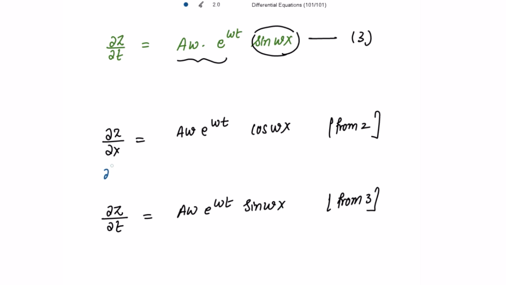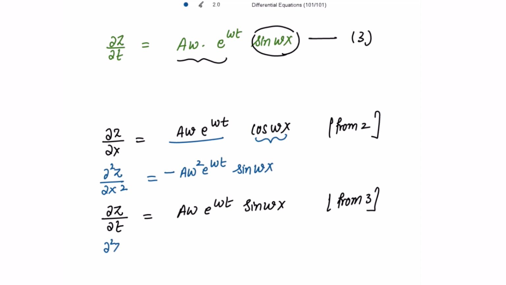If I differentiate this again with respect to x, we get aw e to the power wt, because we need to differentiate with respect to x, so these are constants. So this is minus sine of wx into w, right? Or we can also write this as minus aw square into sine of wx, right?